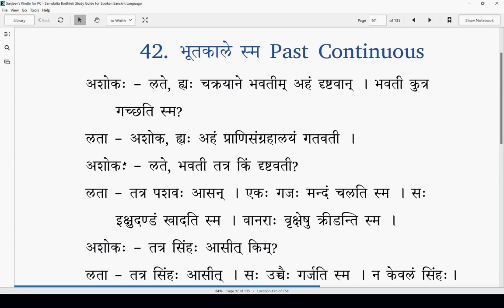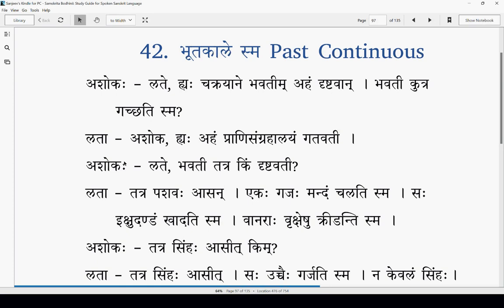It's not the same. This becomes continuous, right? He was eating, not he ate. Akhadat means he ate. Saha khadati sma, he was eating. Oh, okay, I get it. Brings a different meaning. Okay, understood.